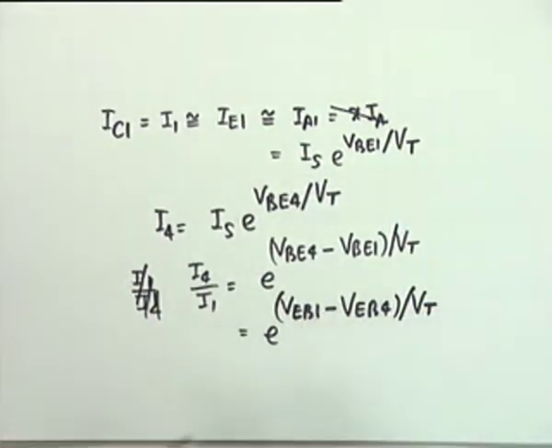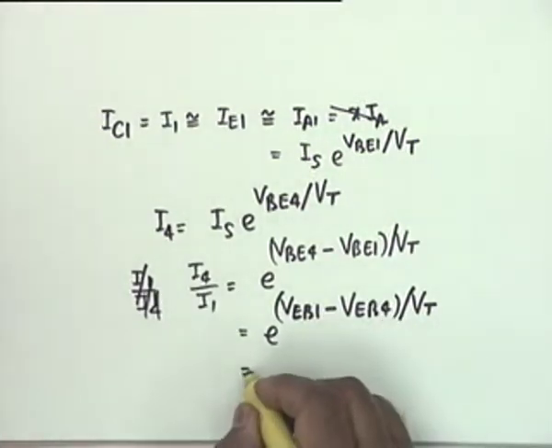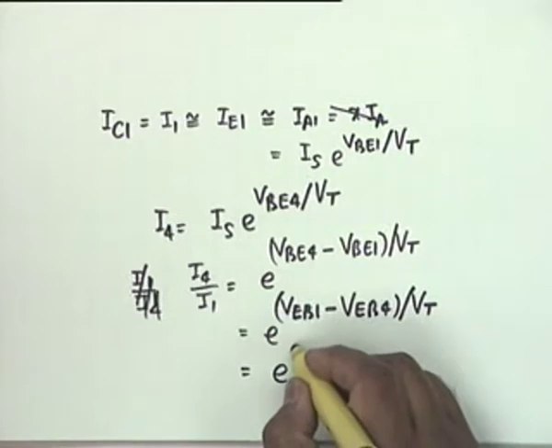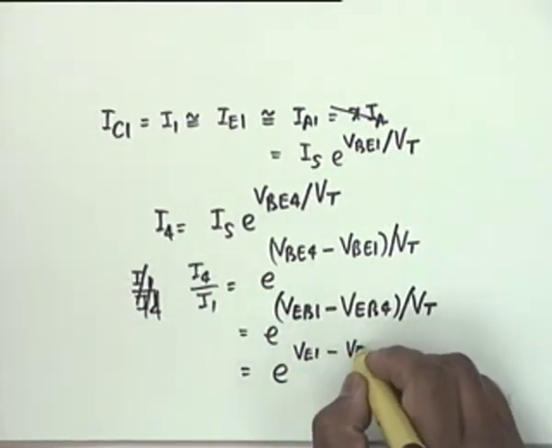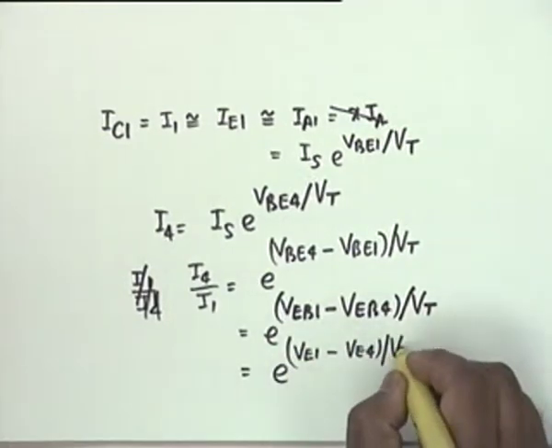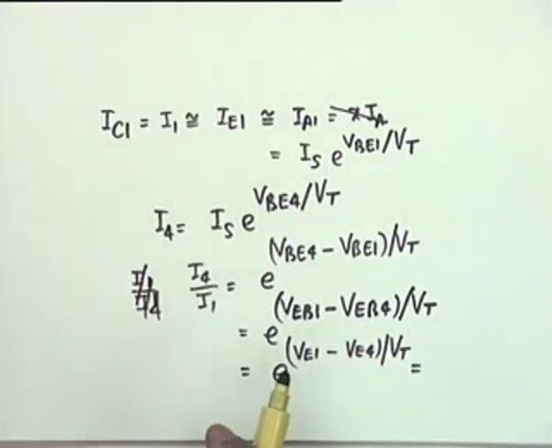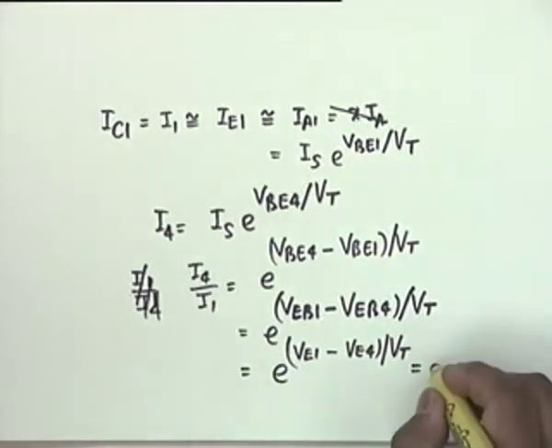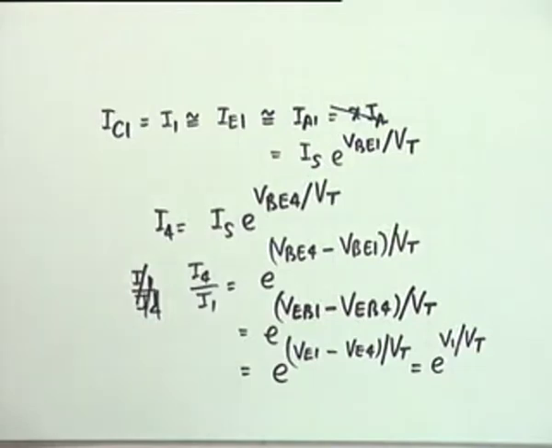What is the potential of B1? 0. B4 also 0. And therefore, I can write this as e to the power VE1 minus VE4 divided by Vt. Let's call this voltage, the voltage difference between the points E1 and E4, as V1, e to the V1 by Vt. Okay?